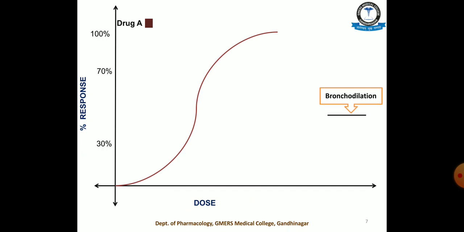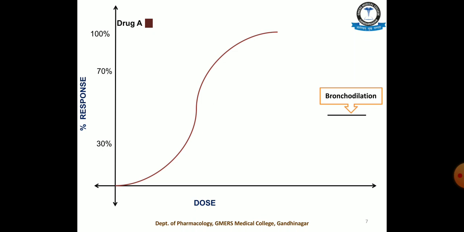And my dear friends, this is a dose response curve of drug A for bronchodilation. Again, you have learned that a particular drug, if it produces only one beneficial therapeutic effect, then it is the best. But it is not possible. Drug produces various actions. Okay, so there can be different dose response curves.